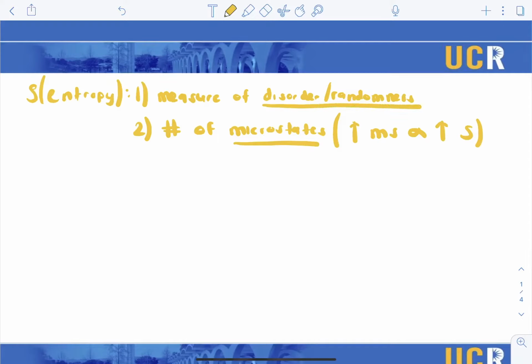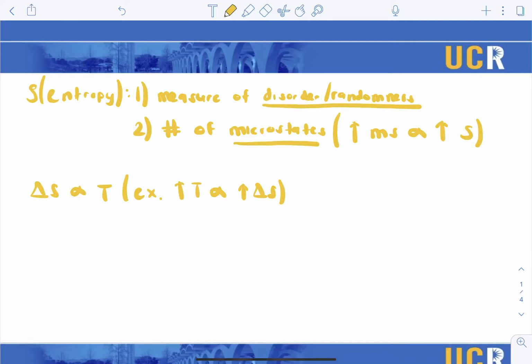To jump into more of the applications, one important aspect is that delta S, entropy, is always going to be proportional to temperature. So if you increase the temperature or have a high temperature, that's going to equate to a high S, because the particles can now spread over a greater area and can move at a faster speed because they have a higher kinetic energy.